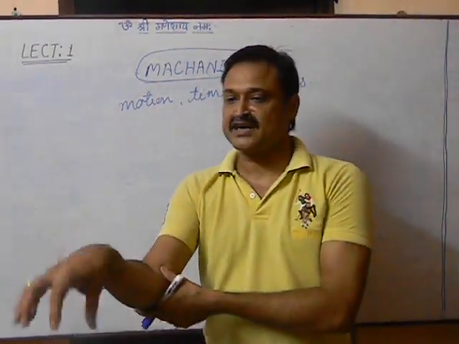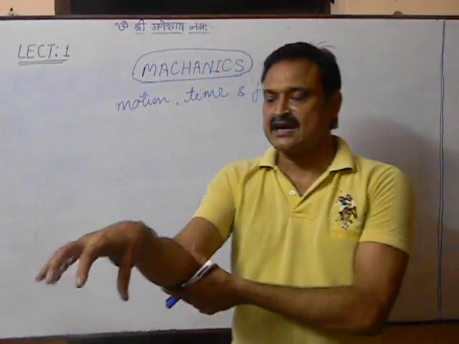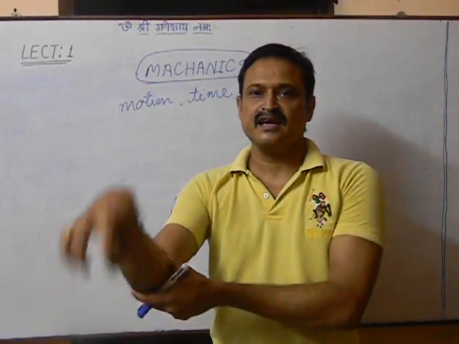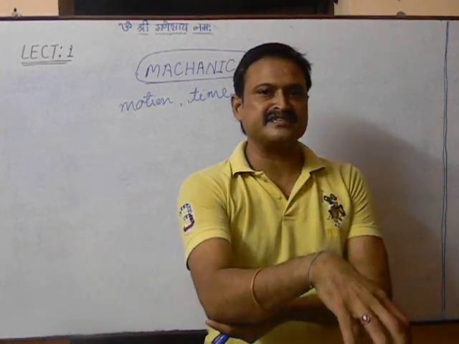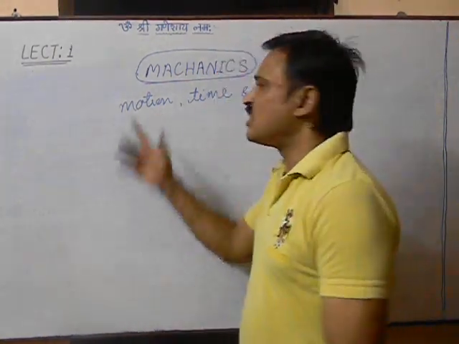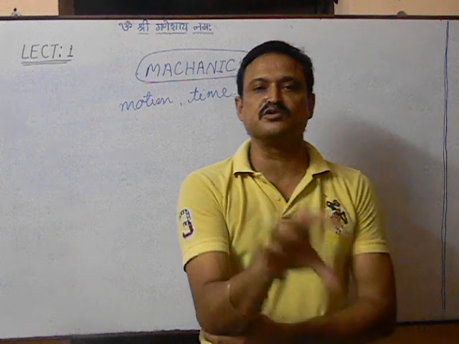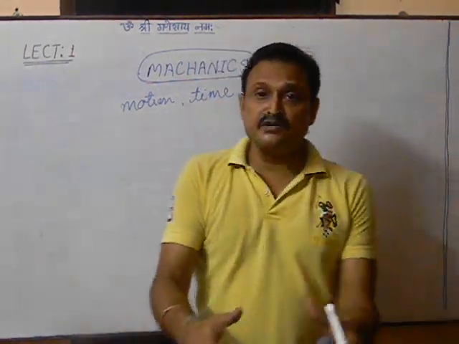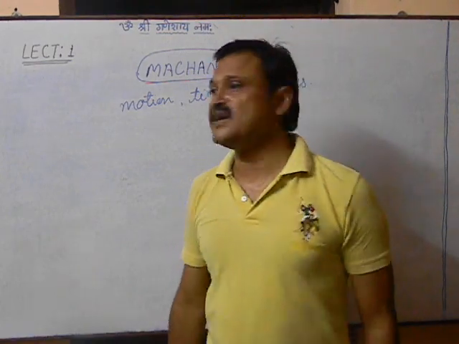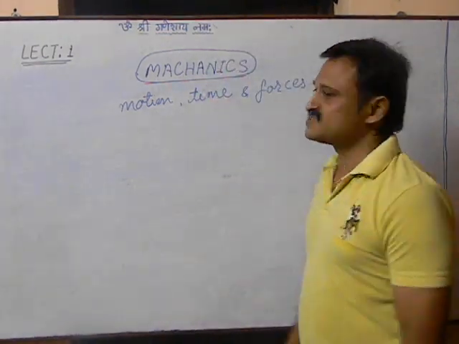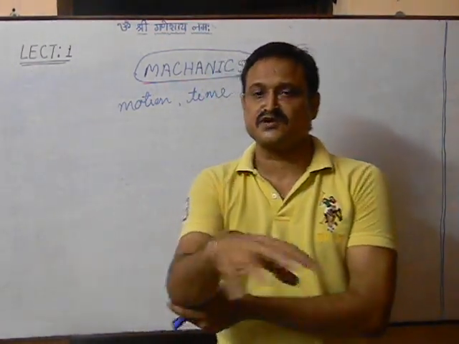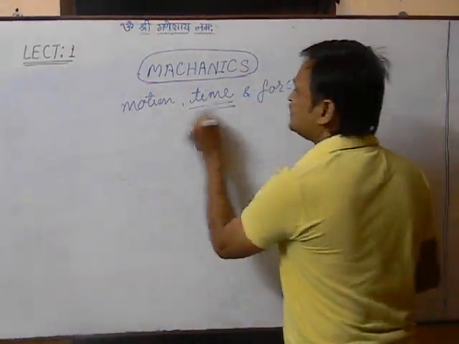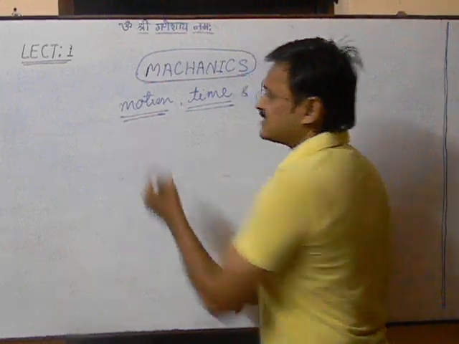So I need to understand the motions, like I have to pick an object from a location A and place it at location B. So I need to understand what kind of motion is required. Second, time. At what duration should I be able to perform this task? Maybe 30 seconds, 40 seconds, 1 second, 2 seconds. So I need to understand the time as well.